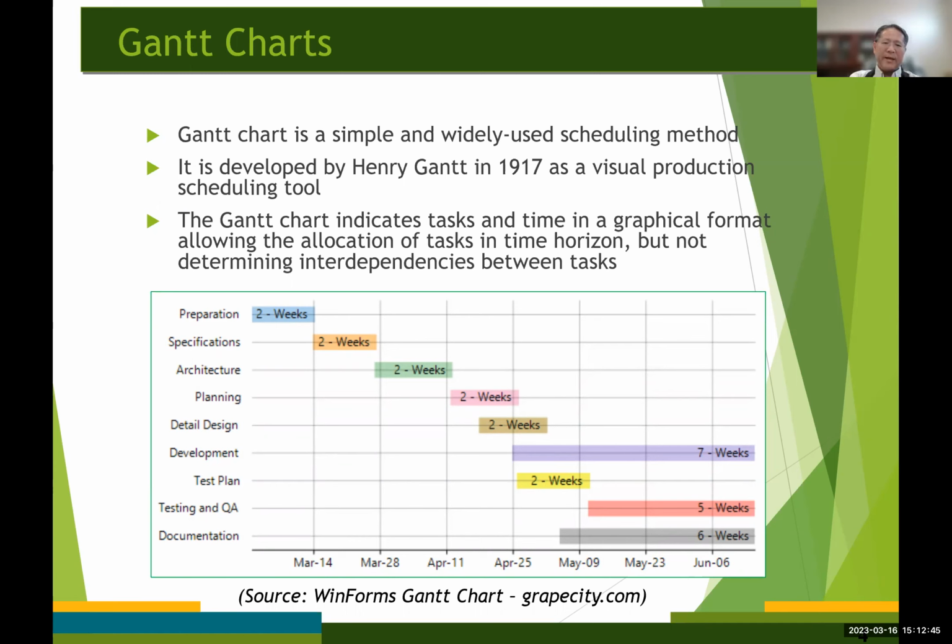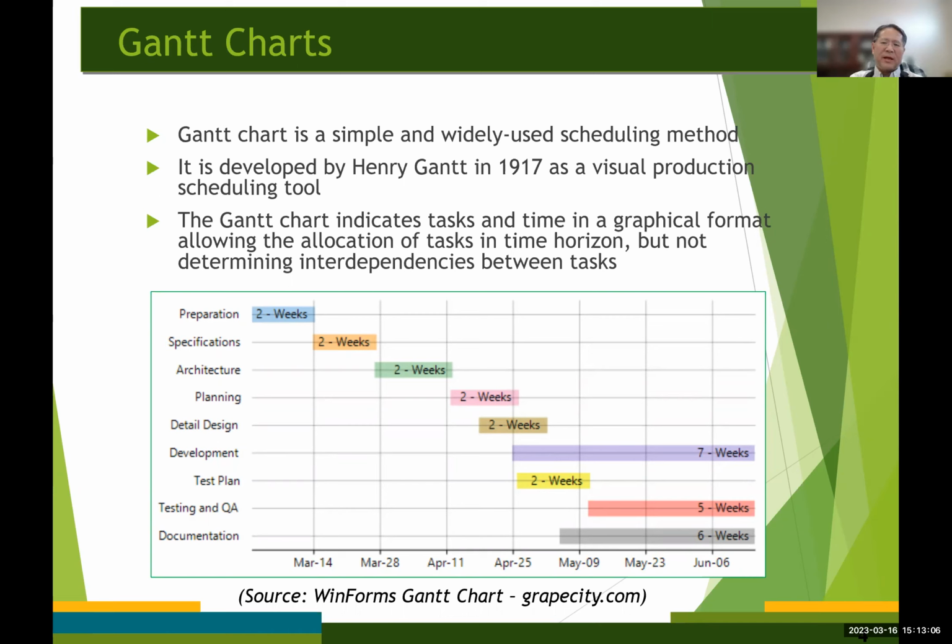Okay. And as you can see in this diagram, the Gantt chart is a rectangular diagram, consisting of a horizontal axis for time units and a vertical axis for either tasks or activities, okay?